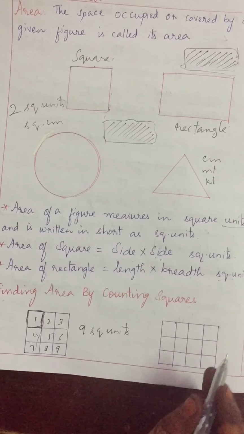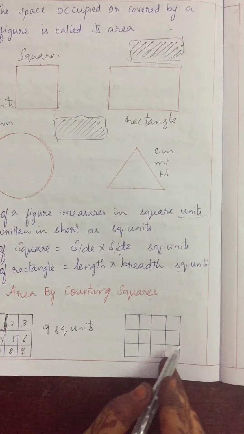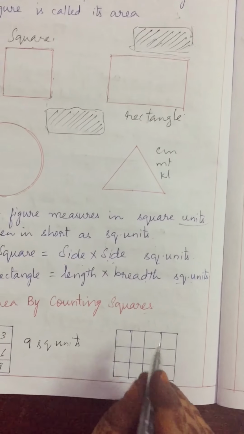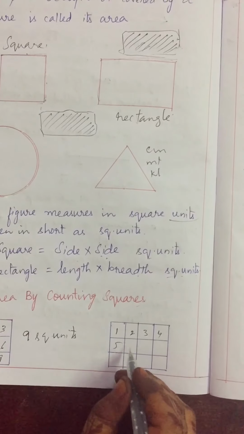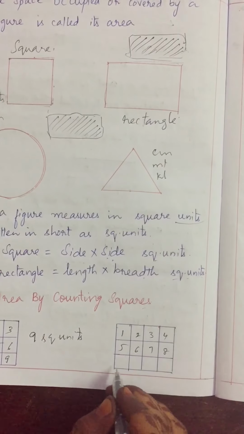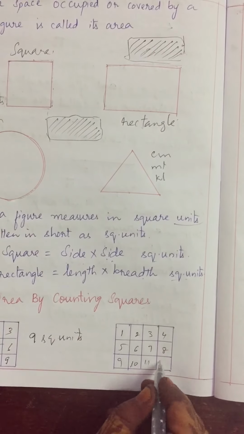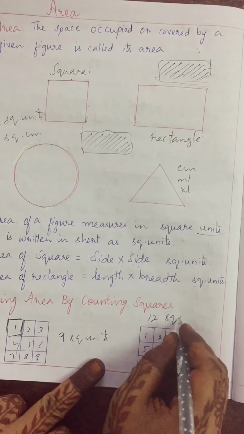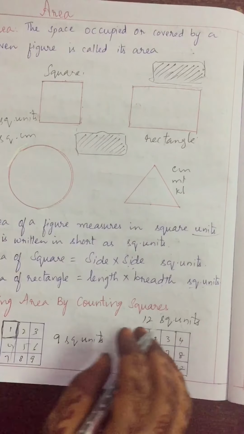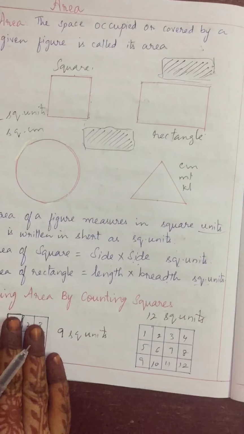Then we can find the area. Similarly, see another figure. How many squares are there in this figure? See 1, 2, 3, 4, 5, 6, 7, 8, 9, 10, 11 and 12. So the area of this figure is 12 square units. Clear children? How to find the area? By counting the squares.